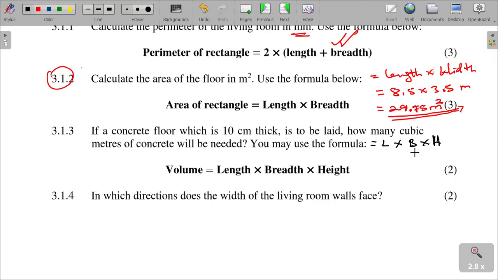So when you calculate that, this is equals to 8.5 meters times 3.5 meters times 0.1 meters.